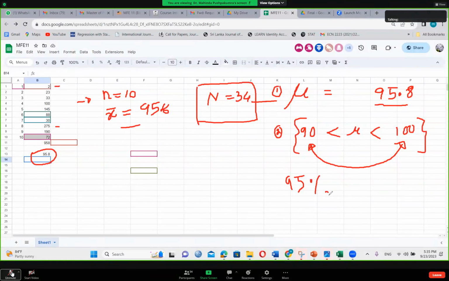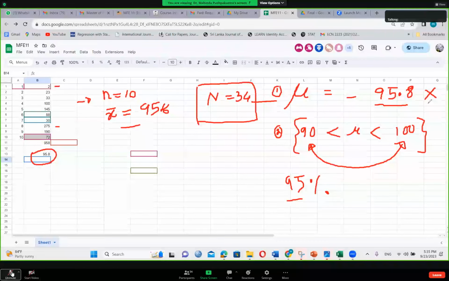I'm not going to say I am 100% confident. My statement is I am 95% confident the population mean is between 90 and 100. But here the statement is population mean equals 95.8. This is completely wrong.